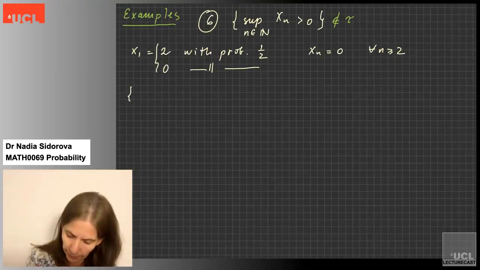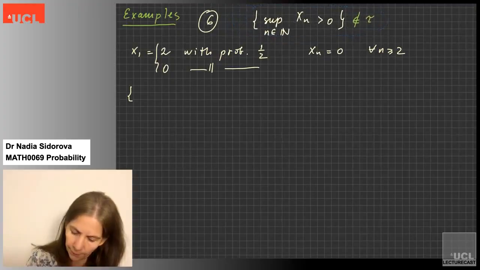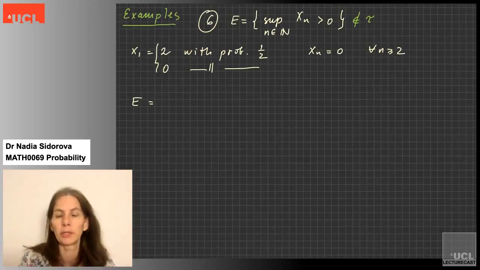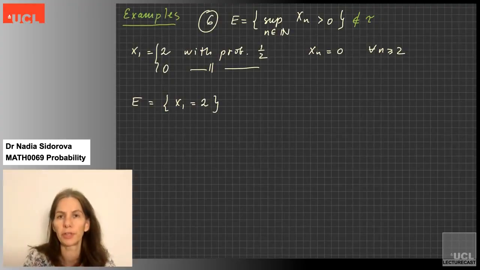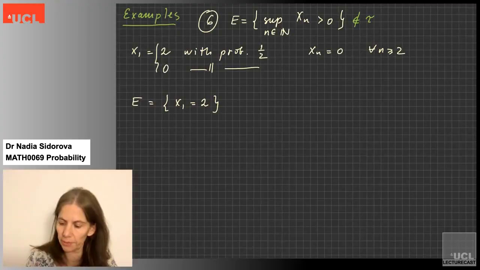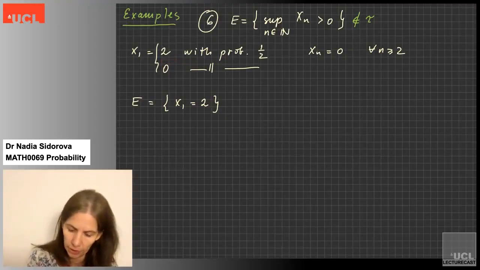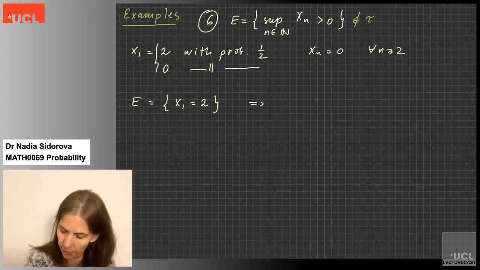Then this event, let me call it E, is the same as the event x1 equals 2, right? Because when is the supremum strictly positive? Well, all those other random variables can't be strictly positive. It can only happen when x1 is equal to 2. So this means the probability of it is 1/2.